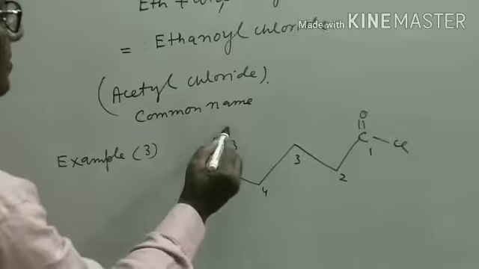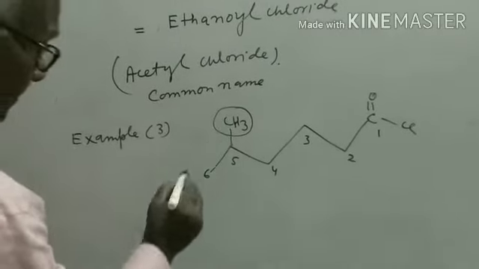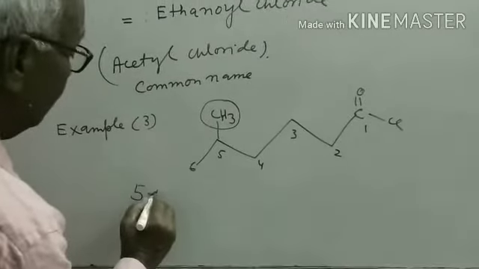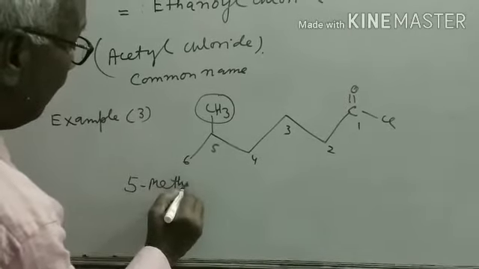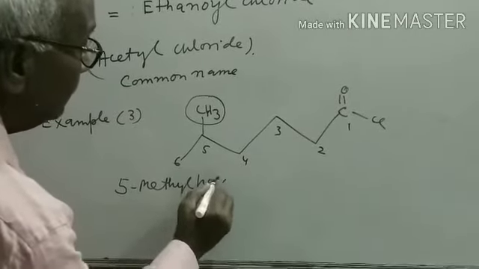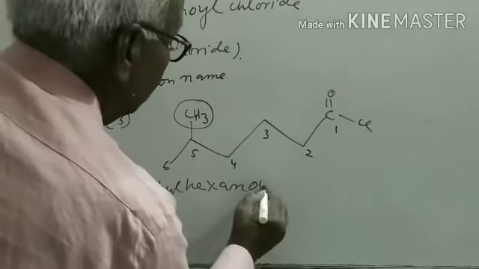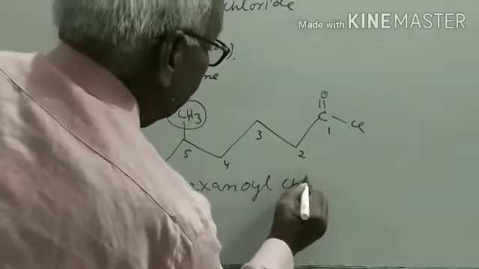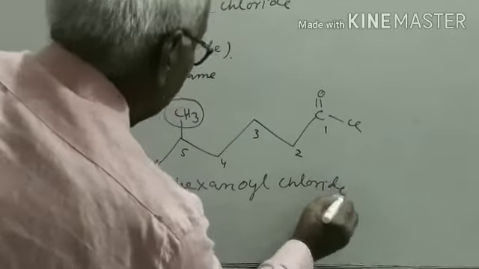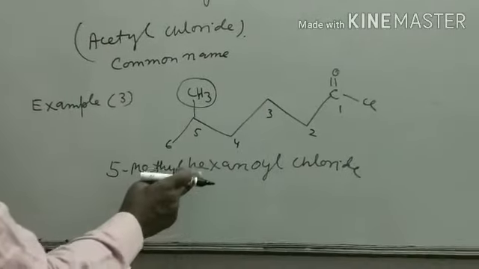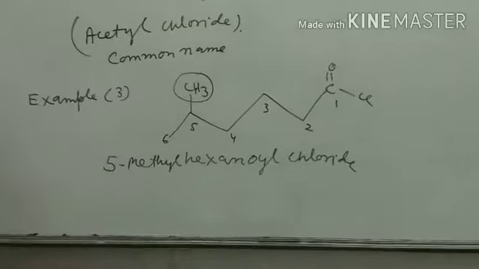This is a side chain, it is a prefix, so its name will be 5-methyl. Root word is hex, primary suffix is ane, oyl is the secondary suffix, so its name is 5-methylhexanoyl chloride.